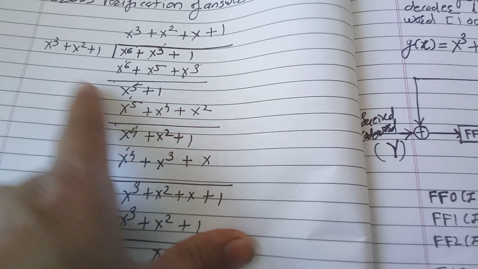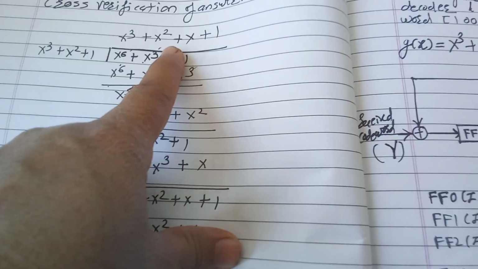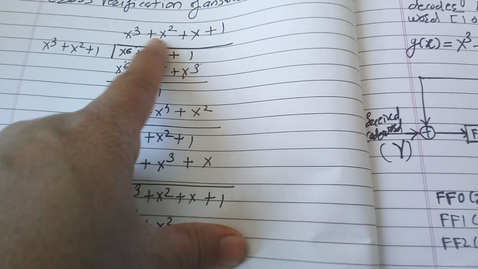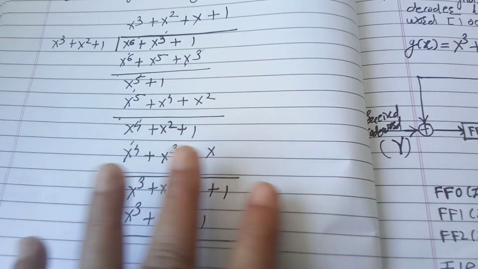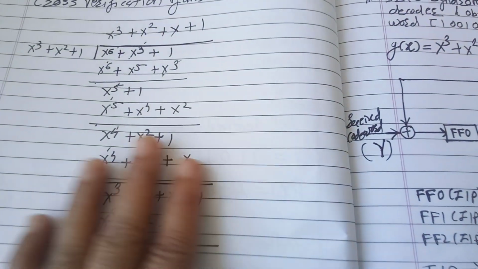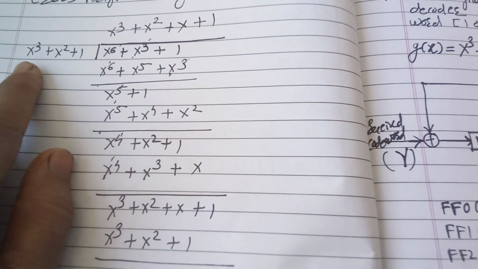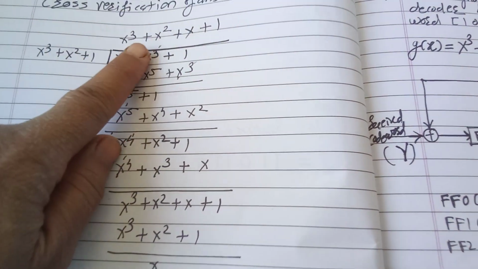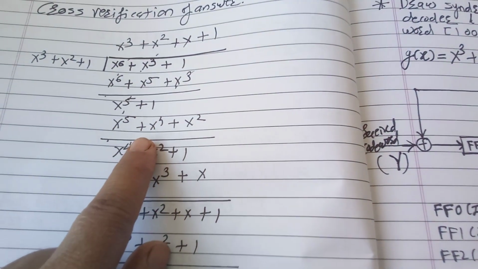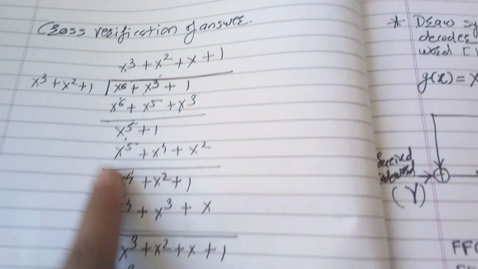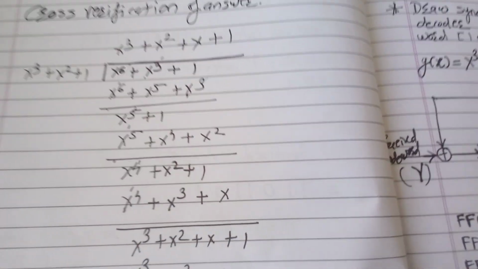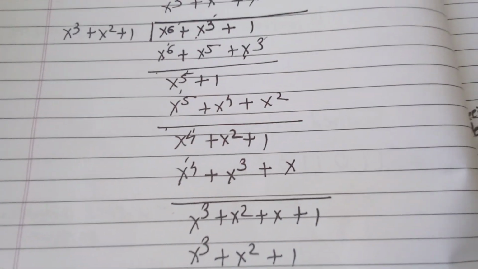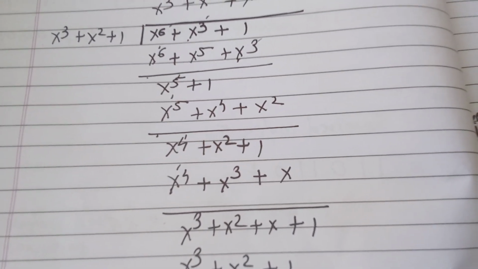Okay, so x^5 by x^3, the quotient will be x^2. Then x^2 you have to multiply with all these terms. x^2 into x^3 is x^5, x^2 into x^2 is x^4, x^2 into 1 is x^2. After that x^5 gets cancelled out, the remaining is x^4 plus x^2 plus 1.